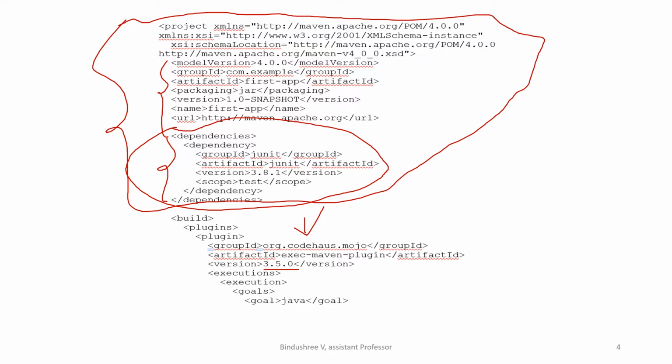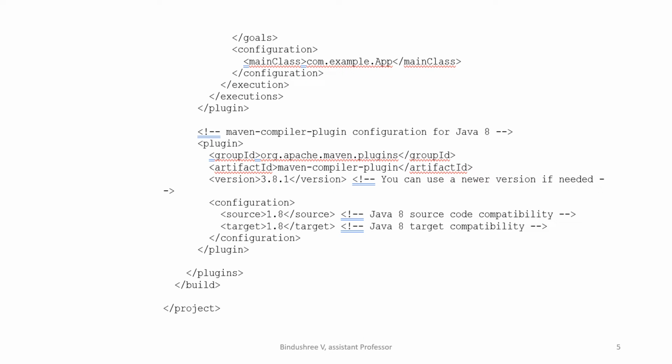Under the execution tags you should mention which language you're going to run. We have a tag called executions. Under that you should write execution, and inside the goal tags you are supposed to mention which language you're going to execute, like this. After closing the goal, you should write configuration.